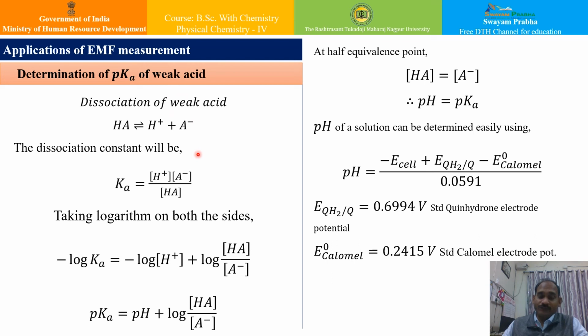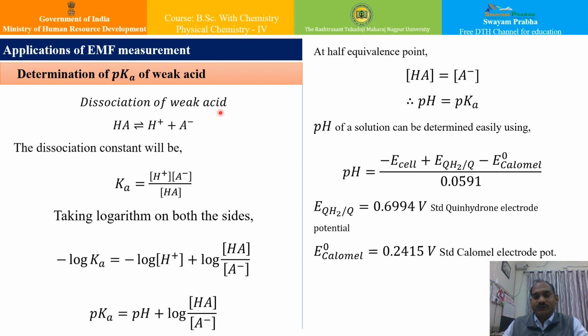So if I titrate a weak acid with a strong base, and if I measure the EMF potentiometrically, then at the half equivalence point, what happens? At the half equivalence point, my HA becomes equivalent to the anion concentration.